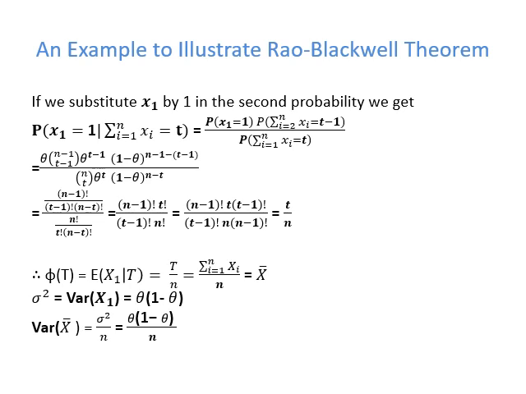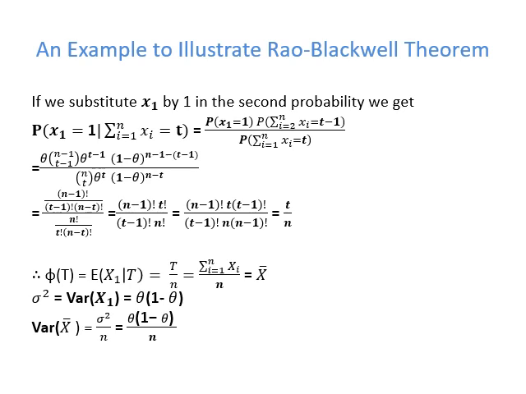Now, what is the variance of x1? Remember here that we have a random sample, so we have IID observations. So the variance of x1 will be the same as the variance of x, or it will be equal to sigma squared. For the Bernoulli distribution, sigma squared is equal to theta times 1 minus theta. So the variance of x1 is equal to theta times 1 minus theta.